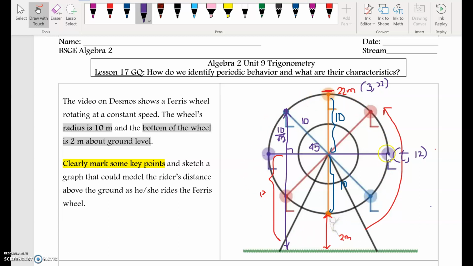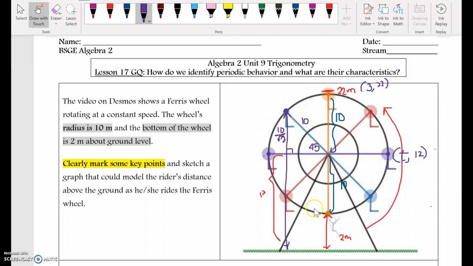If you found the time and the height at these points, it probably would have been the easiest, because to find the others, just like we had to find the reference angle 45, you had to do some calculation in the calculator to find the values. So for here, at this time, it would have been 12 meters. Whatever time that it landed here would have been 22 meters. Whatever time it landed over here would have been 12 meters. And then back to the original spot would have been 2 meters.